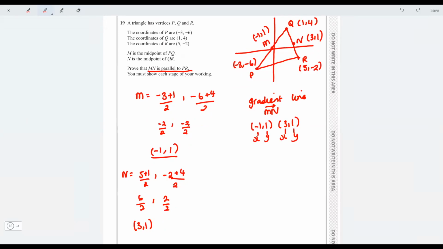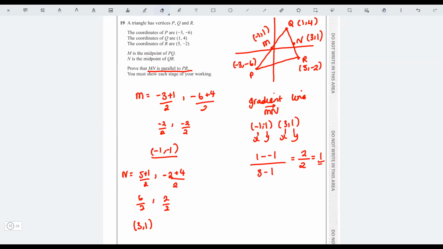And that there is -1, isn't it? Just to double check, because -2 divided by 2, so I've made a bit of a mistake there. So I'm going to do 1 minus -1 over 3, take away 1. Well, that's 2 over 2, so the gradient is 1. Okay, is that right? No, it's not, is it?